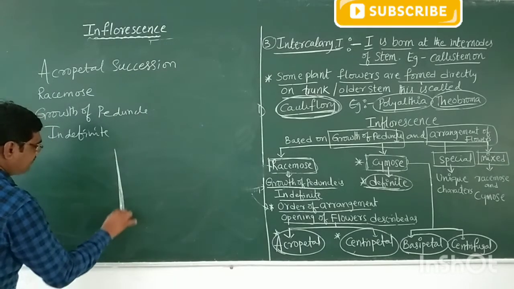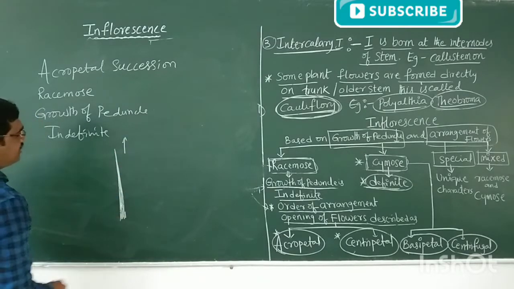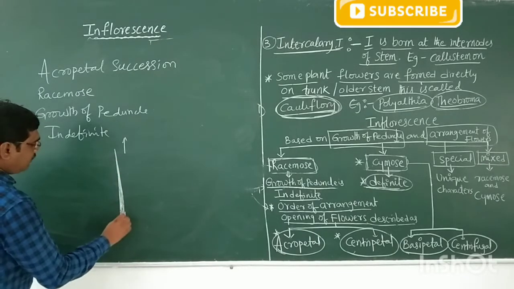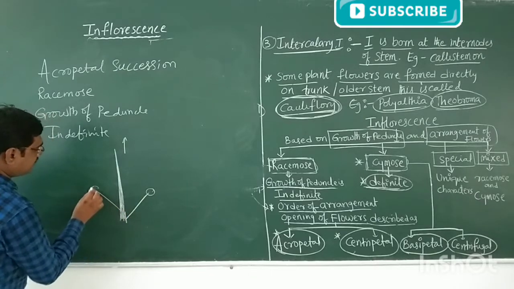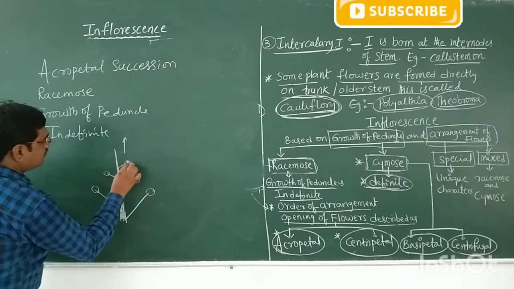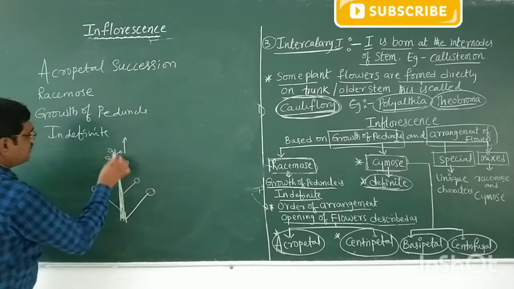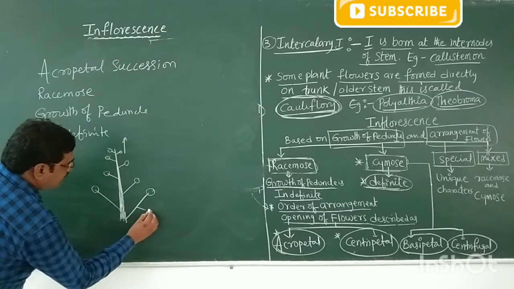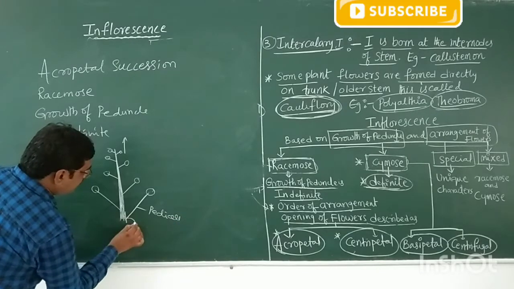The common axis of the inflorescence is called the peduncle. The peduncle can grow continuously. On the peduncle, the flowers are arranged in this manner. Each flower has a stalk-like structure, the pedicel, and one bract is there.